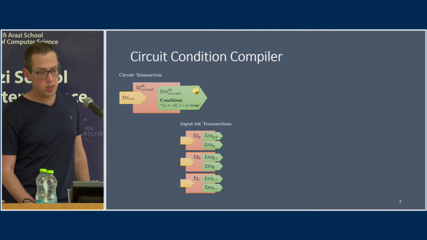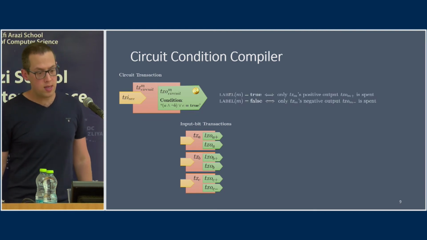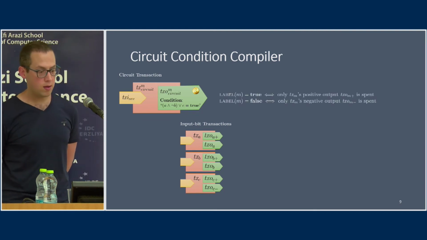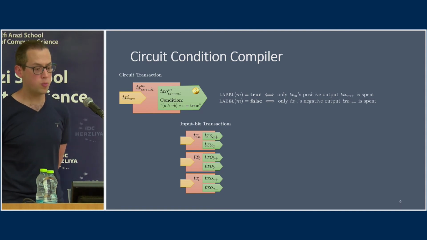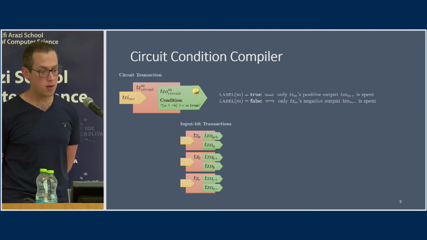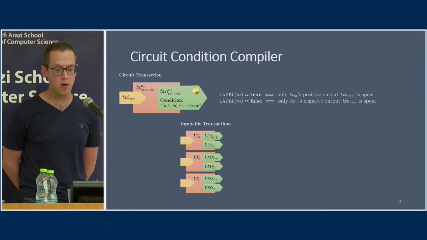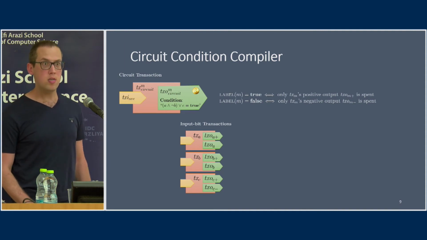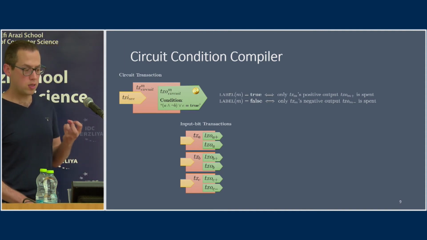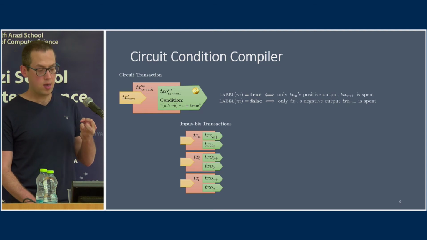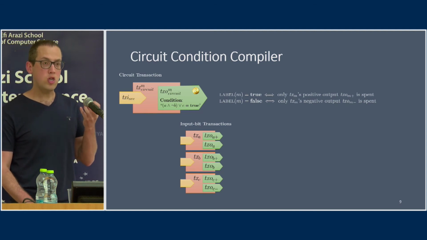And we introduce the concept of a label. We say that the label of a transaction is true if only the positive output was spent. Similarly, the label is false if only the negative output was spent. And this way we can express the conditions in the following transactions.